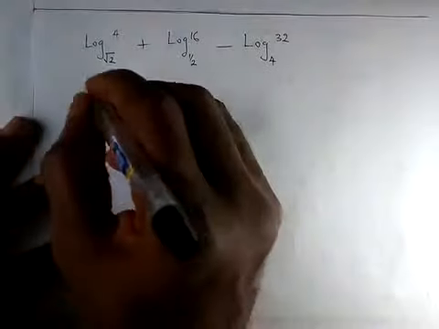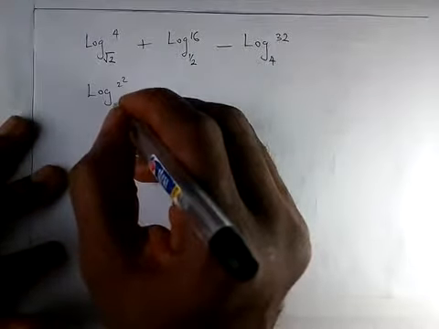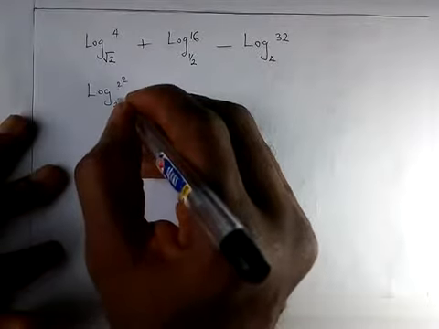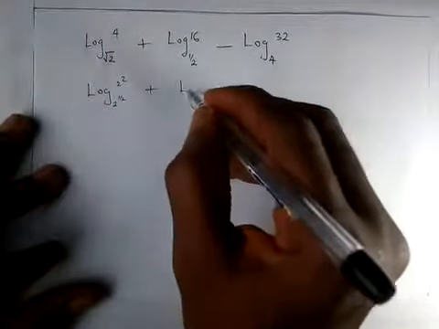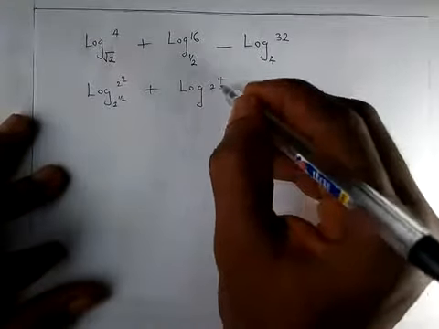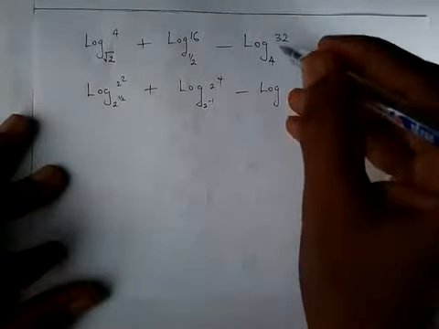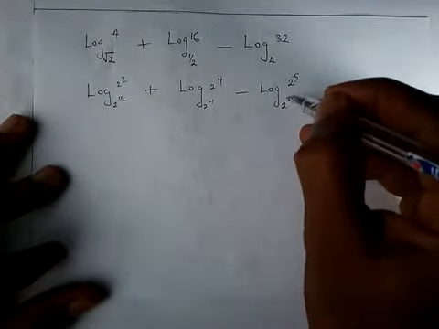Okay, now this is what: 4 is 2 raised to power 2. This is 2 raised to power 1 over 2. Plus log 16 is what, 2 raised to power 4. Half is 2 raised to power minus 1, minus log, this is 2 raised to power 5, and 4 is 2 raised to power 2.